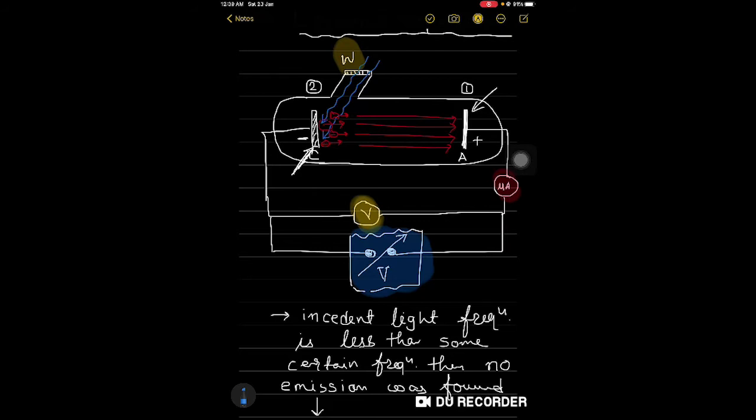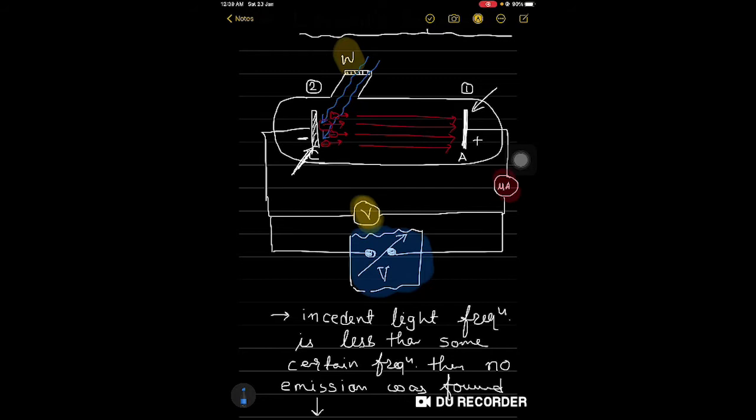Listen carefully. Then we will study the variation of photocurrent with frequency of incident radiation.